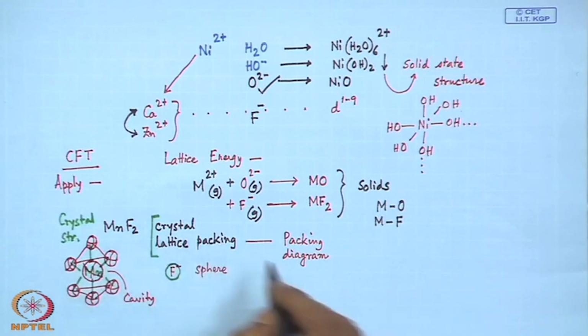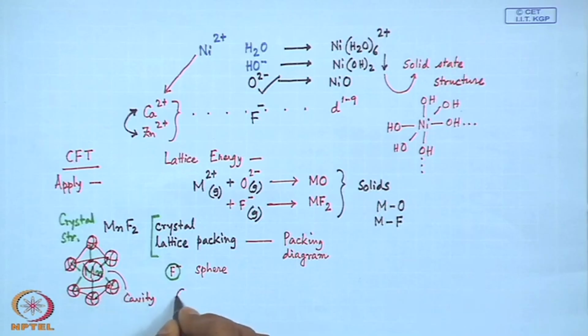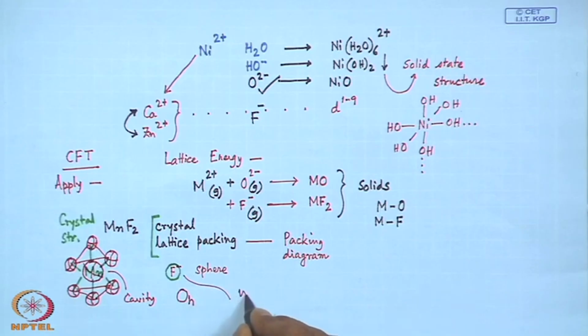So, basically, in this crystal field packing, the cavity forming around manganese is giving us a corresponding octahedral crystal field due to these fluoride anions, and these fluoride anions are weak ligands.